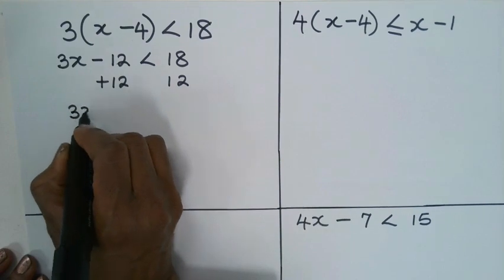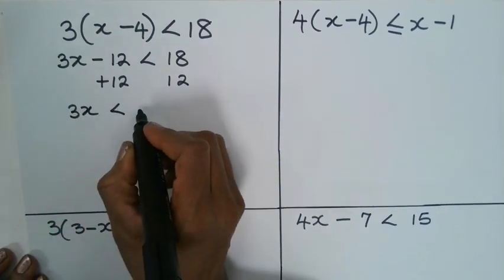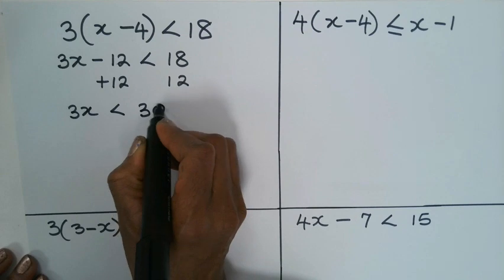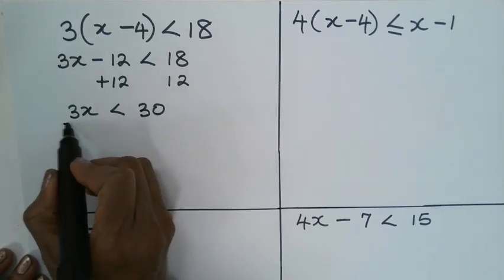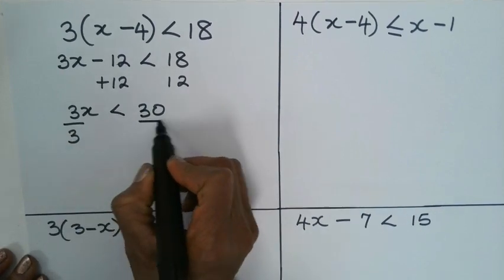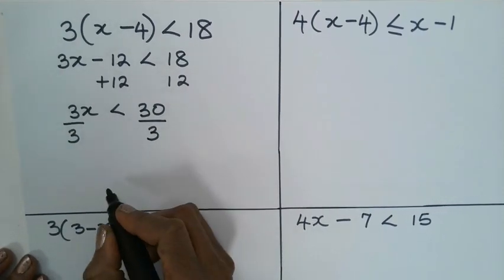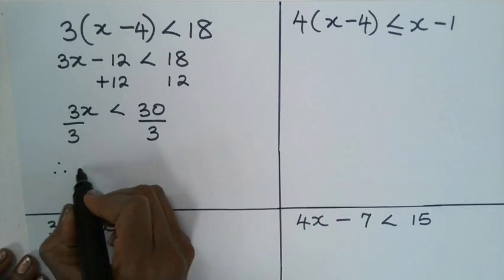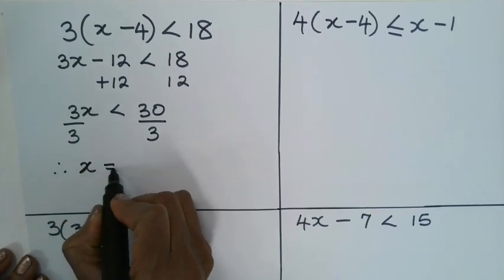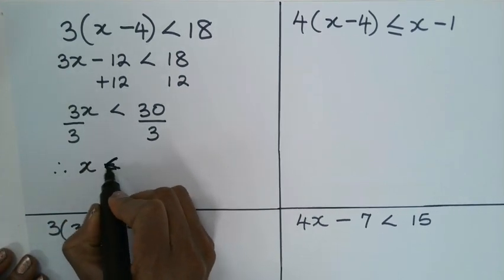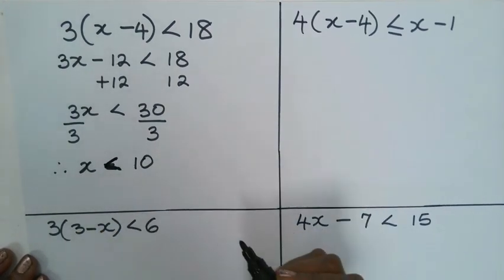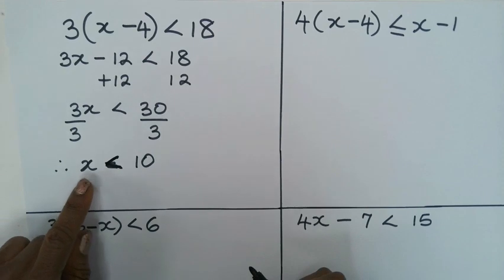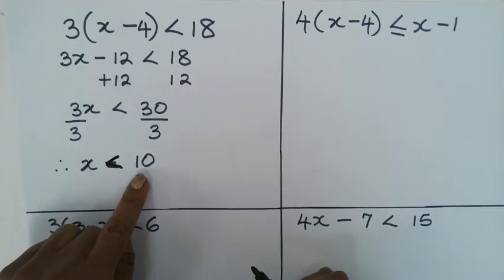Now 3x is less than 30. We're going to find x by dividing both sides by 3. Now therefore my x is less than 10. So whatever x is, it would definitely be less than 10.